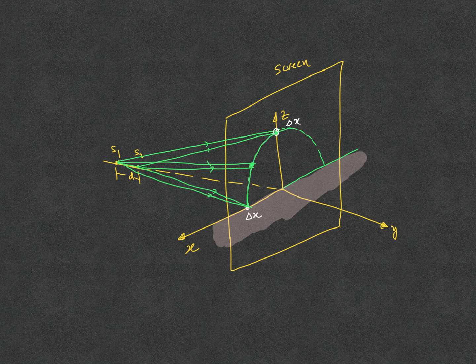So you have dark and bright bands like this. This will be dark, and then you have a bright band, and then a dark band, and again bright, dark, and alternate bands of semicircular shape like this.